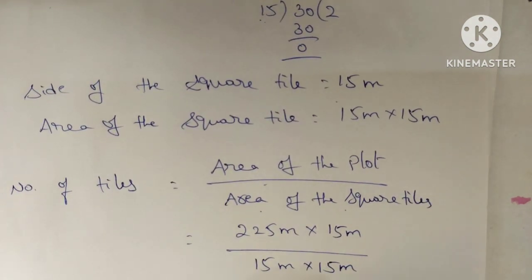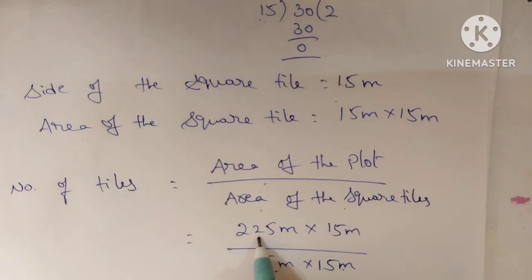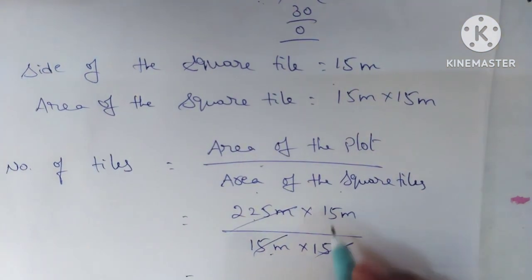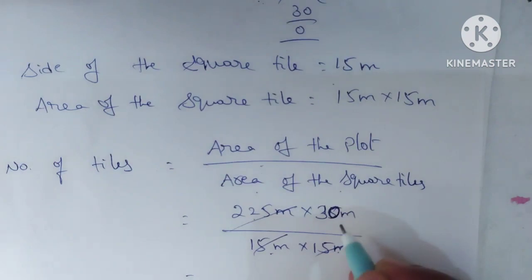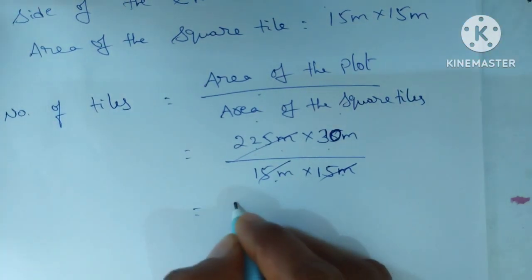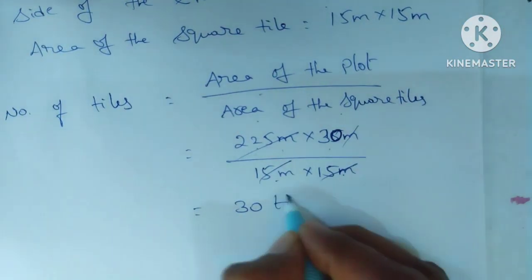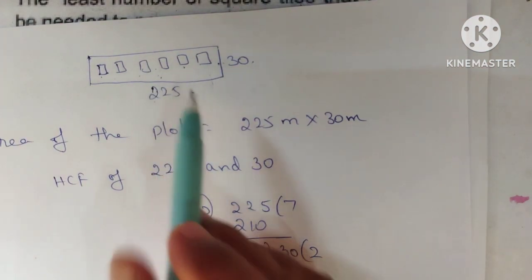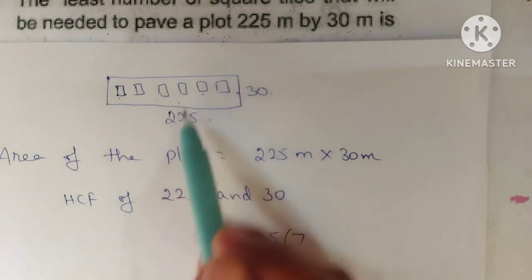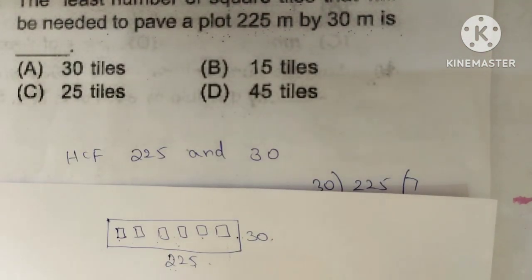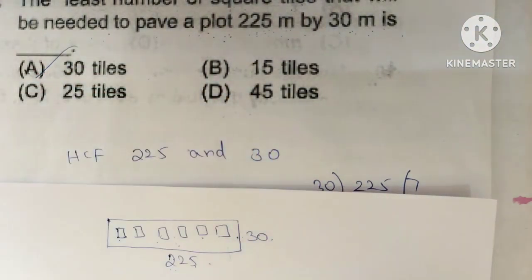So here 15 15s are 225, so it will be cancelled. So 30 tiles. The answer is 30 tiles. The least number of square tiles needed to pave a plot of 225 meters by 30 meters is 30 tiles. Option A is correct one.